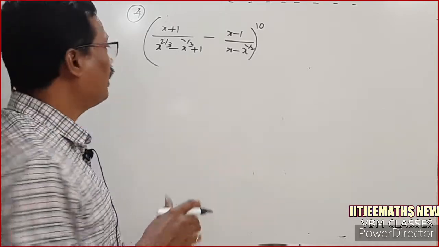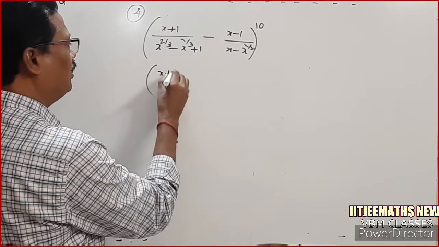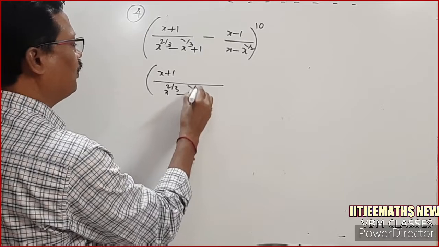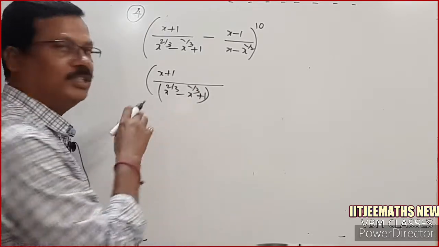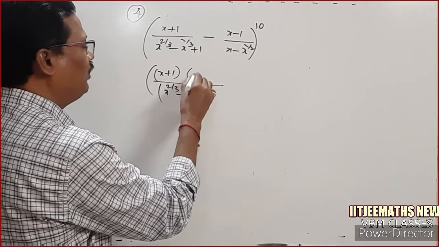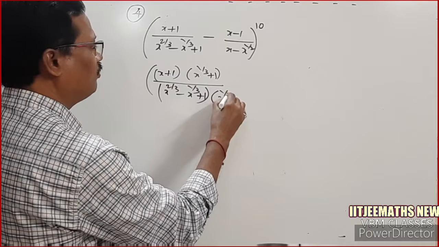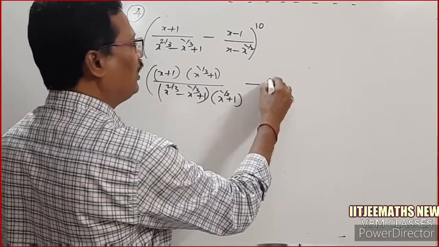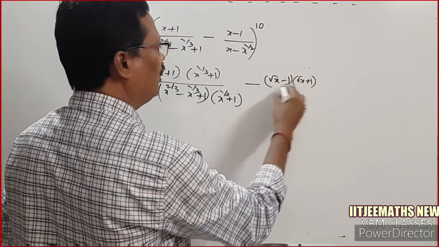Okay. Now here, in this x plus 1 by x power 2 by 3 minus x power 1 by 3 plus 1, rationalizing this one, multiply with x power 1 by 3 plus 1, divide with x power 1 by 3 plus 1. Here this x minus 1 will be written as root x minus 1 into root x plus 1.